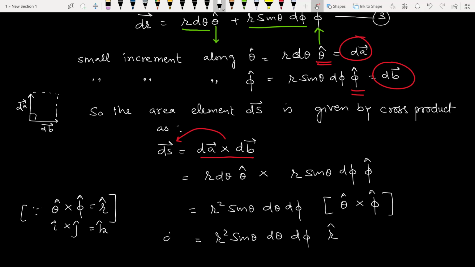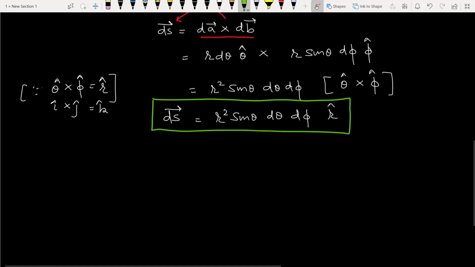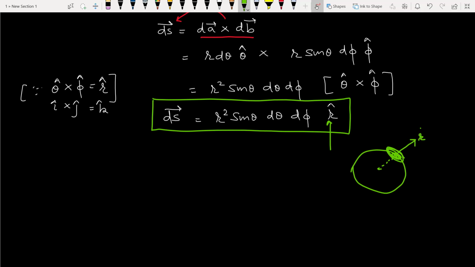So this is our area vector on the surface of the sphere, and its direction is along r cap. If we have a sphere and suppose this is the area element that we are talking of, then its direction will be along r cap. So it is the direction of the area vector, radially outward.